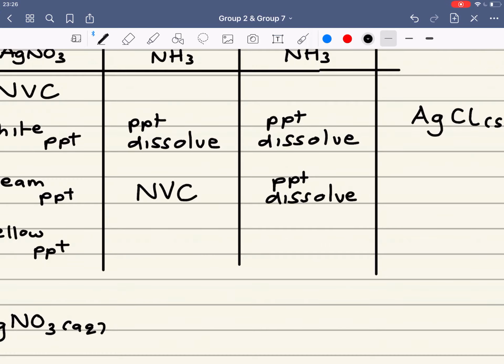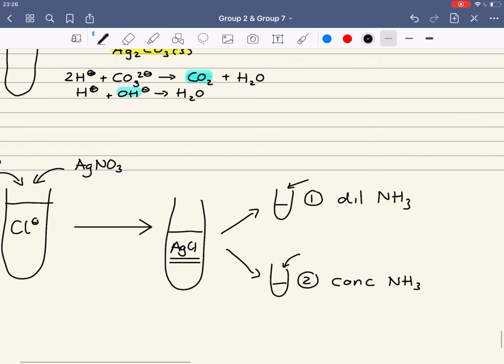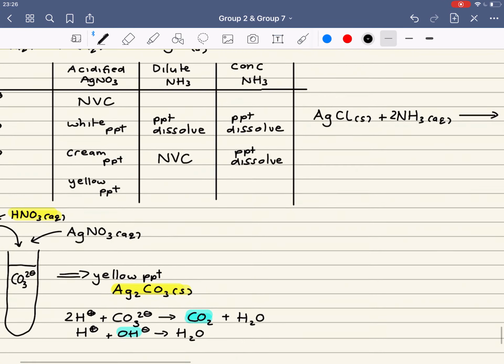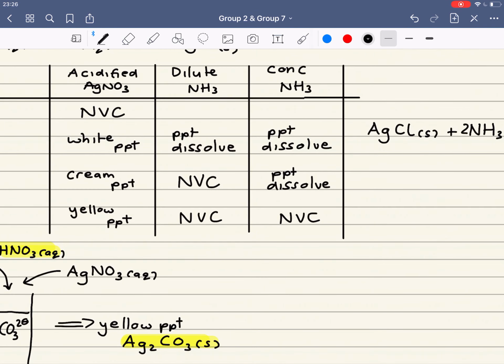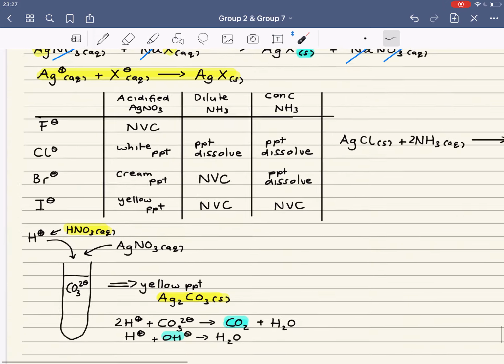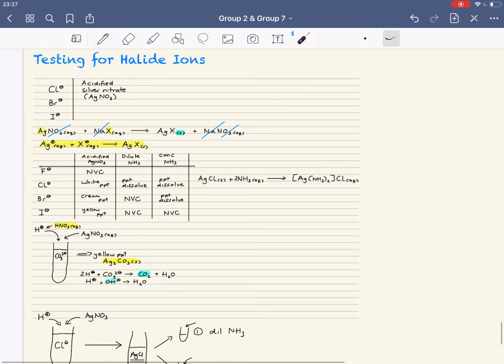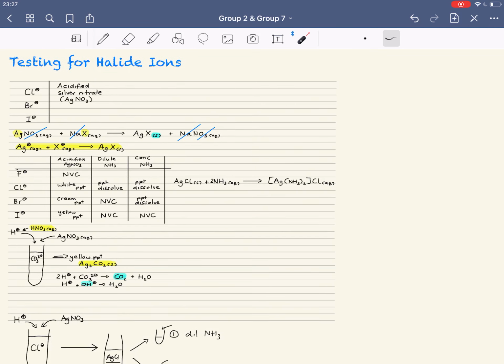If you do the same process with AgI, you would observe no visible change with both concentrated and dilute ammonia. So you can see, adding dilute and concentrated ammonia, we get a unique pattern of results which will confirm the presence of either chloride, bromide or iodide ions. And that is how we can test for halide ions.